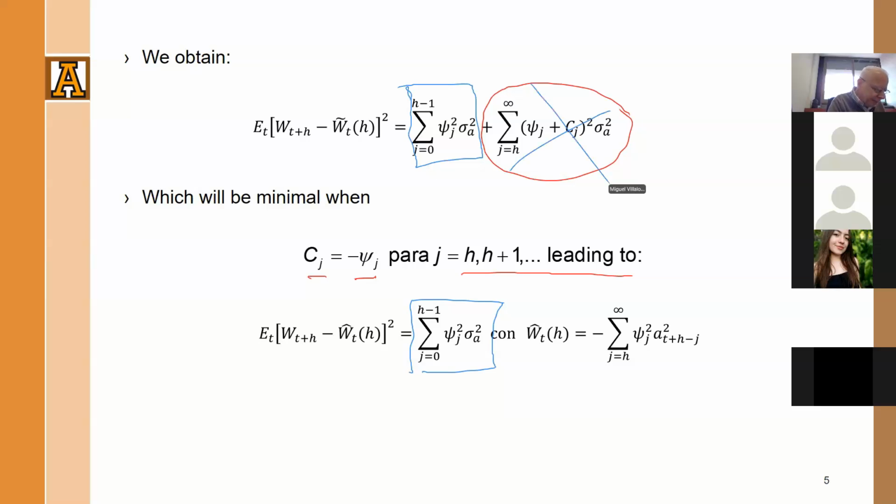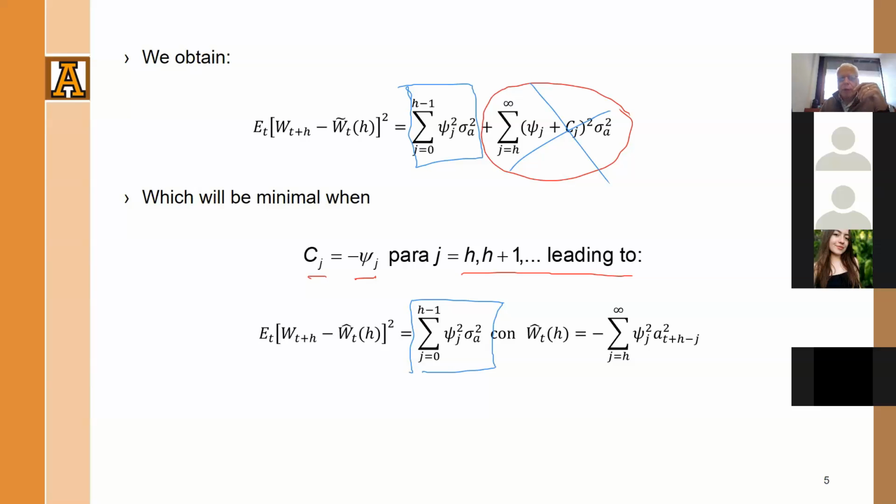And the conditional expectation of the squared error in forecasting h periods ahead will be given by just the sum of psi sub j squared from j equal to 0 to h minus 1, times the variance sigma squared sub a. Okay.